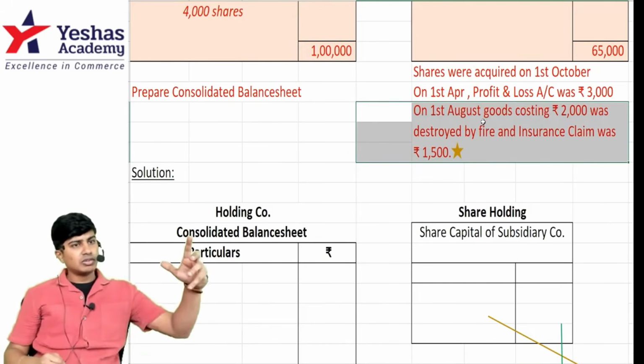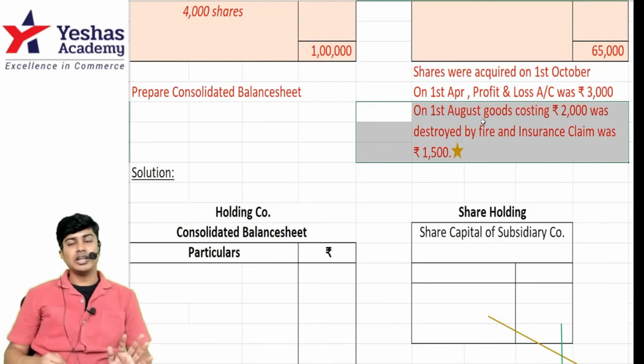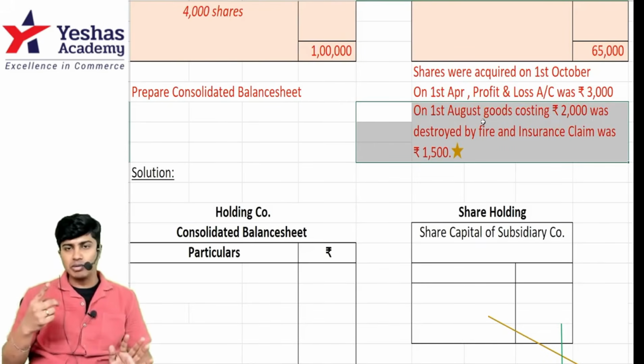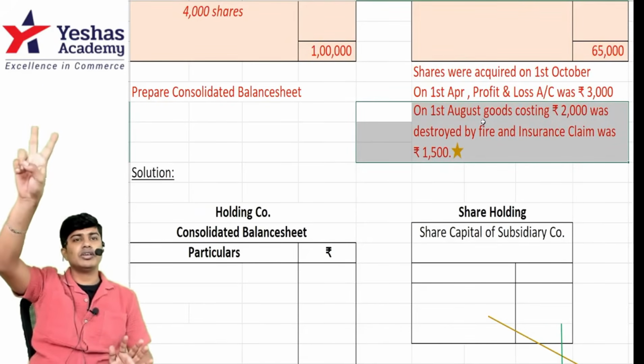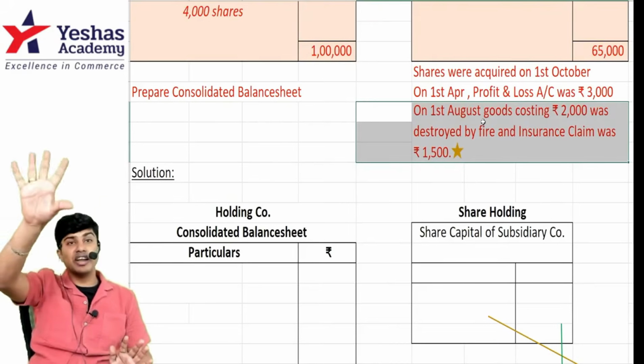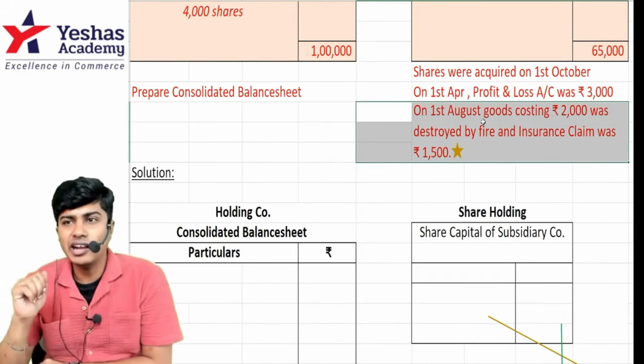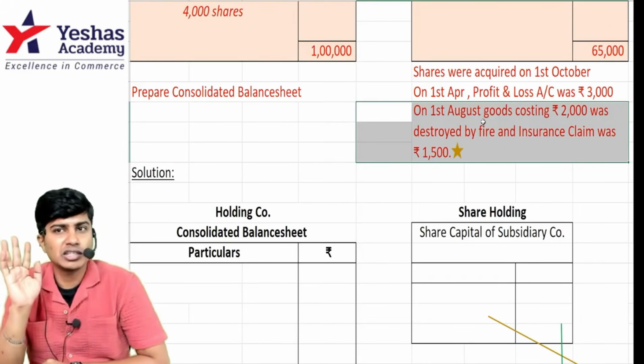The goods caught fire and became ashes. The insurance company told me, I will give you a claim. Did they give the full 2,000? They gave 1,000. What is the value of goods destroyed? What is the money received? 500 loss. Everybody understood the 500 loss?